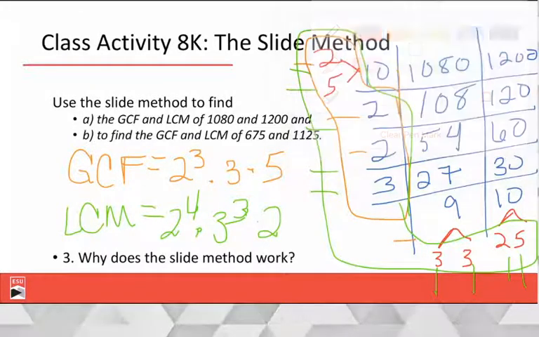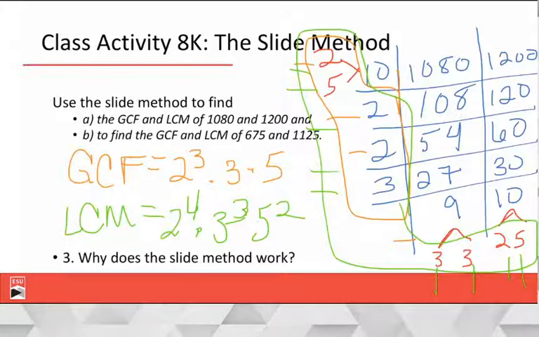So we have 5 squared. 2 to the 4th times 3 cubed times 5 squared. And that's our GCF and LCM.